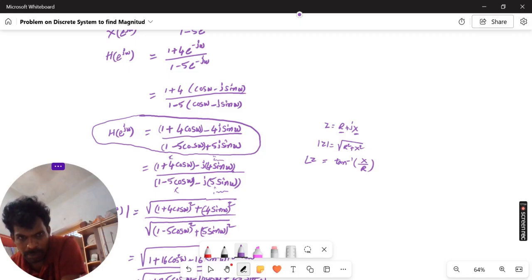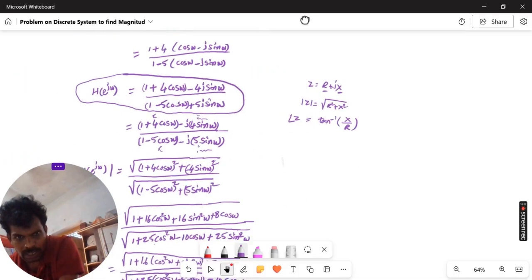As we derived the magnitude response from that, in the same way we are going to derive the phase response from that equation. In the denominator we have the imaginary value, that is tan inverse of 5 sin omega.